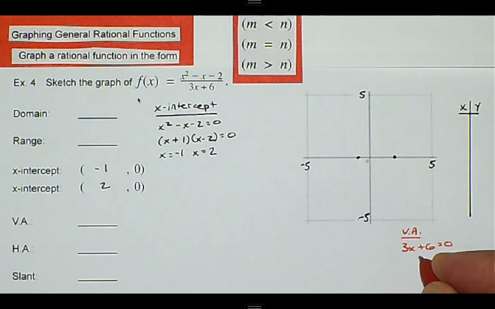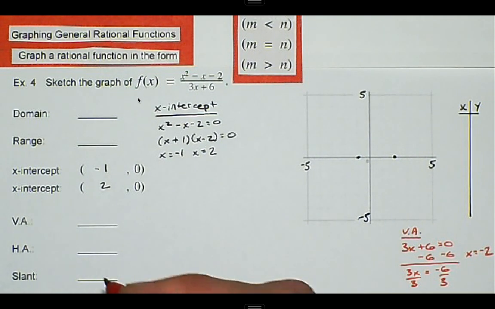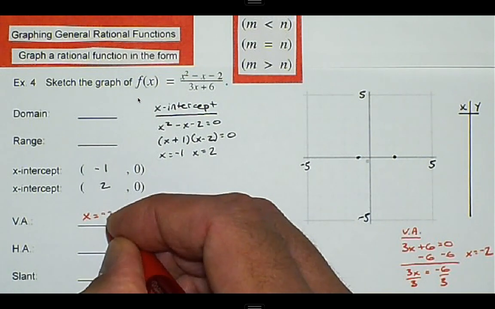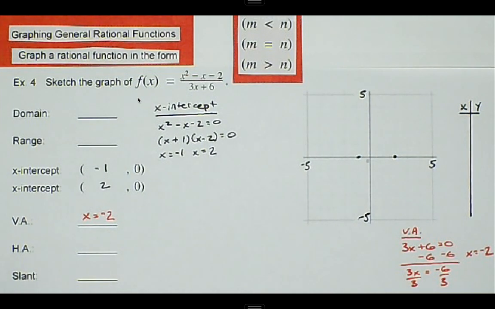So we can subtract 6. Divide by 3. And then we get x is equal to negative 2. So x is equal to negative 2 for our vertical asymptote. And so we can graph that as well.